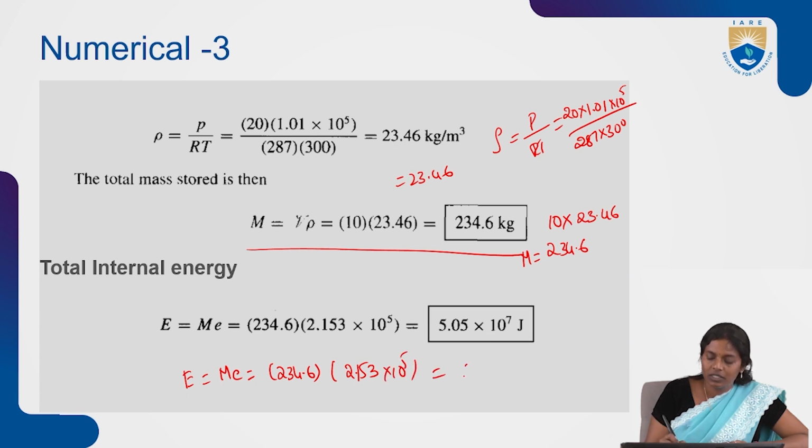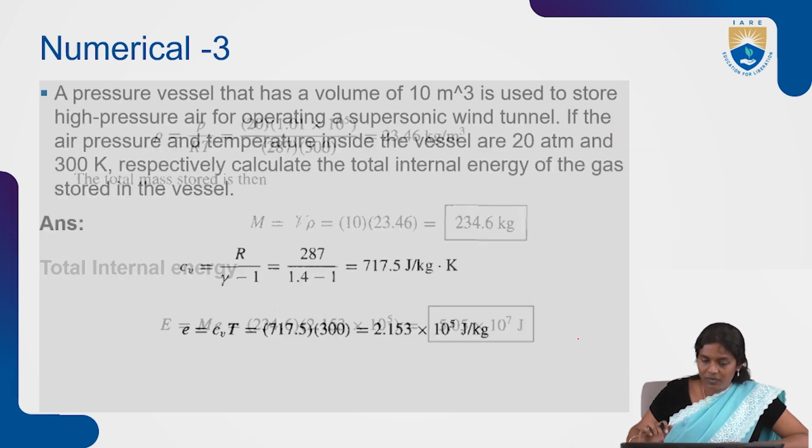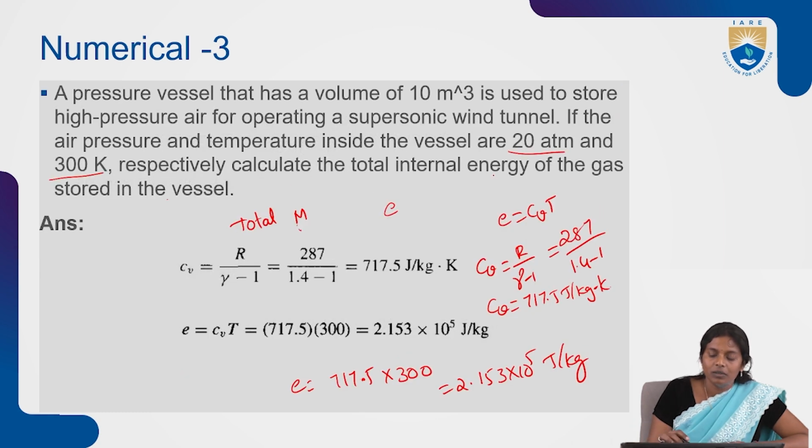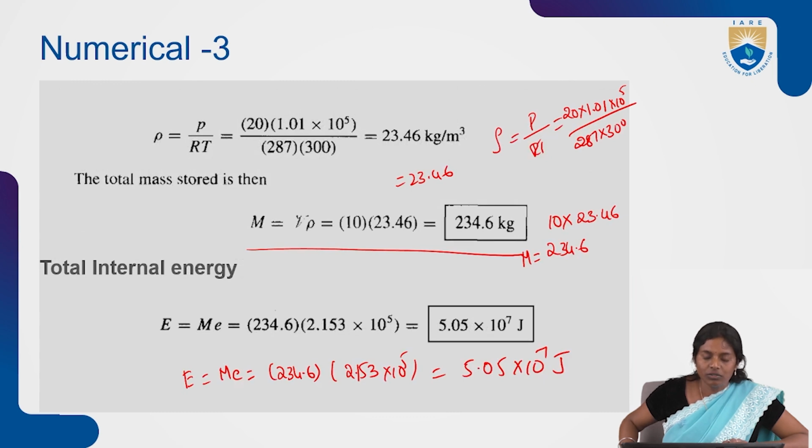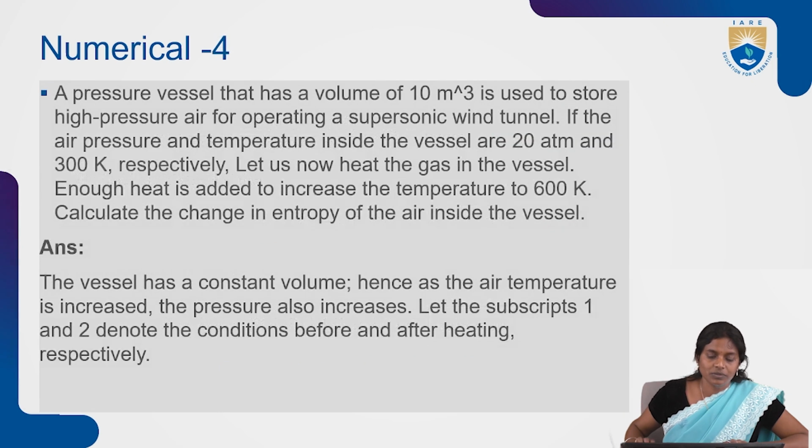So it is nothing but 5.05 into 10 power 7 joule. So this is the total internal energy we got for the gas stored in the vessel. So we have calculated the total mass stored in the vessel, and the total internal energy stored in the vessel.